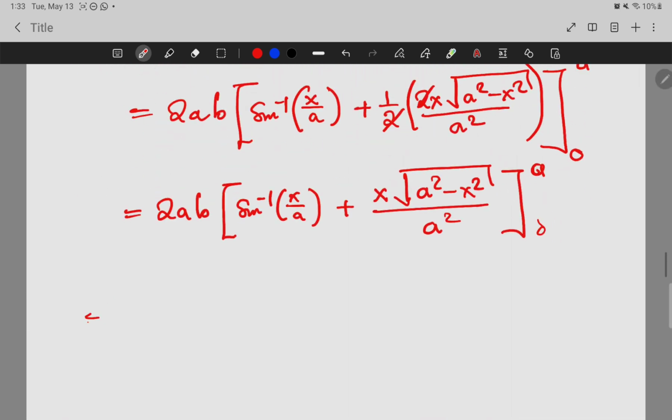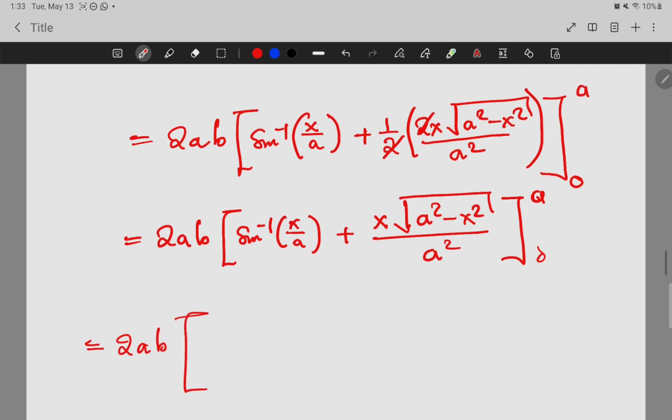So when you put the upper limit first, this is going to be sine inverse of a over a. Since where there's x, we're putting a, the upper limit, this is a over a, which is 1, plus the second part, since we're putting a here, it will be a squared minus a squared, making the whole thing here 0.